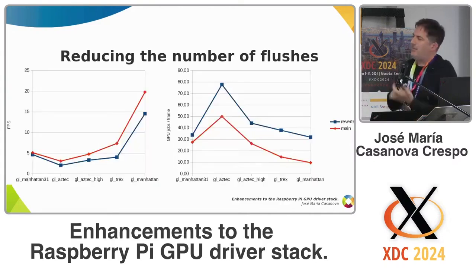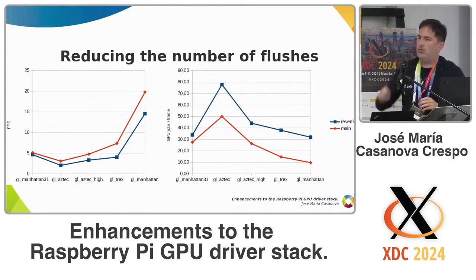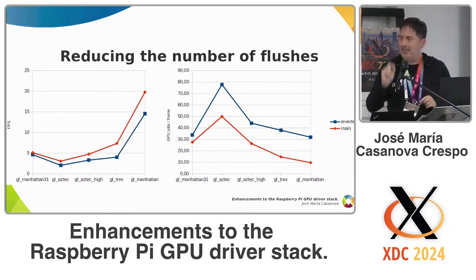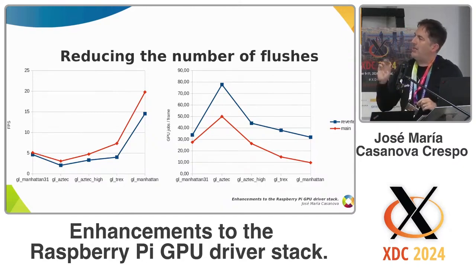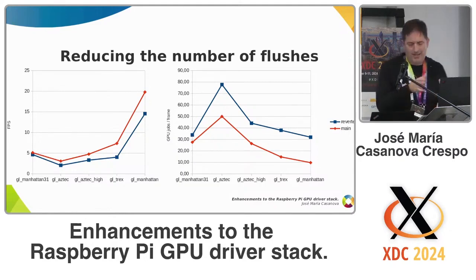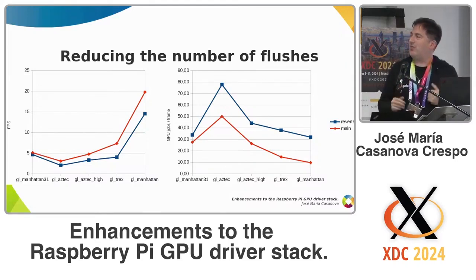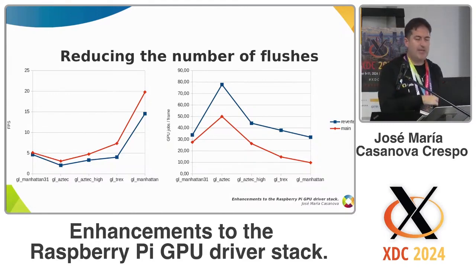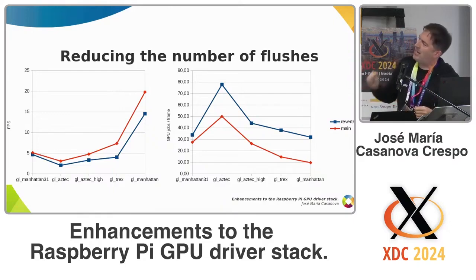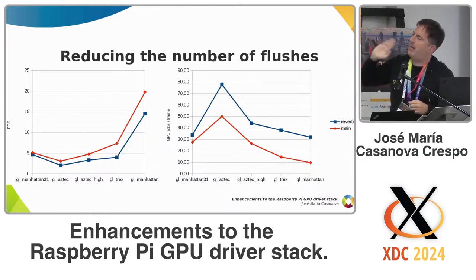In order to show this at the conference, I just went to main and reverted the commit that introduces this new behavior, and I got the number of jobs submitted by the different traces. On the left, we have the frames per second of the traces, and on the right, we have the number of job submissions, and we can see the number of job submissions by number of frames.